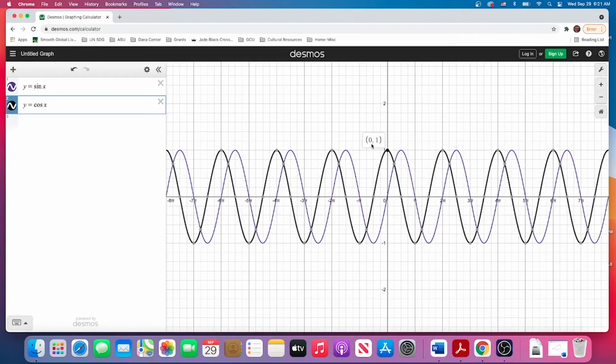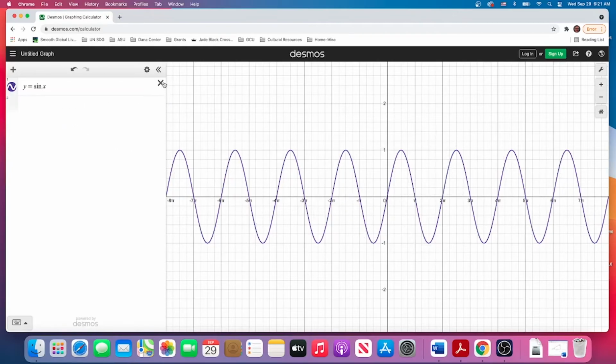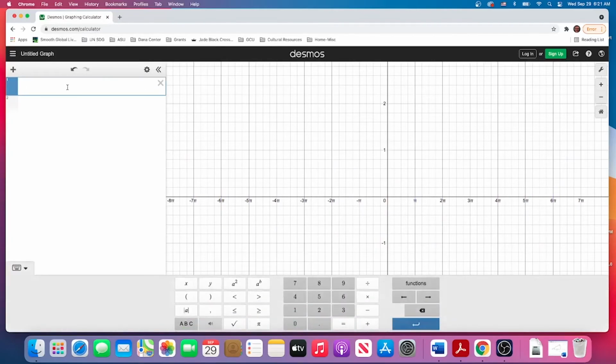So when the angle is 0 degrees, 0 radians, cosine is going to be 1. When we're at pi over 2, remember the cosine was 0. And so you can kind of do that. The nice thing is now you can graph any trig function this way.